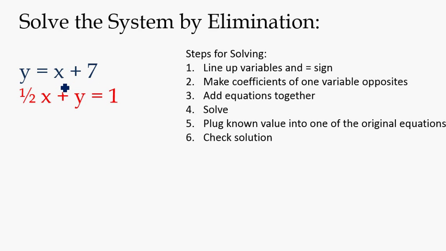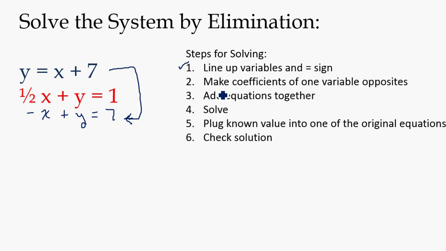I'll subtract x from both sides, so I would get negative x plus y equals 7. That's what I mean by lining up the variables and the equal sign. Notice we've got the x terms, the y terms, the equal sign, and then the constant terms over here. So we got step 1 taken care of.